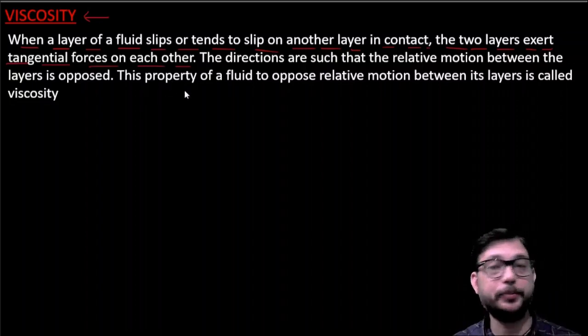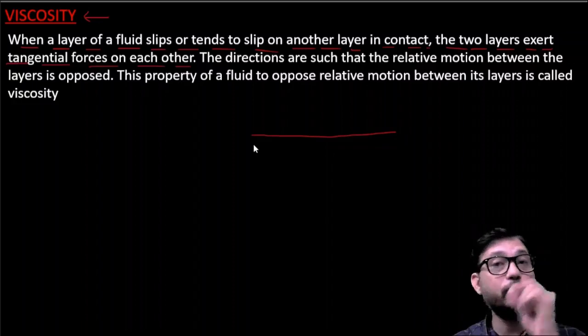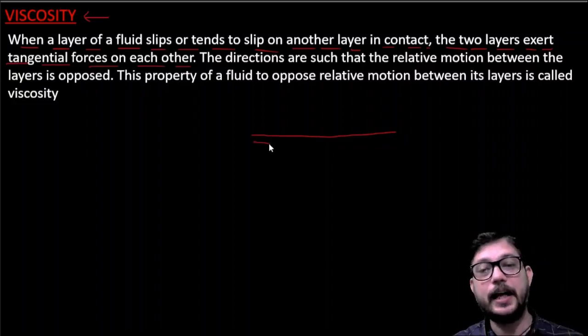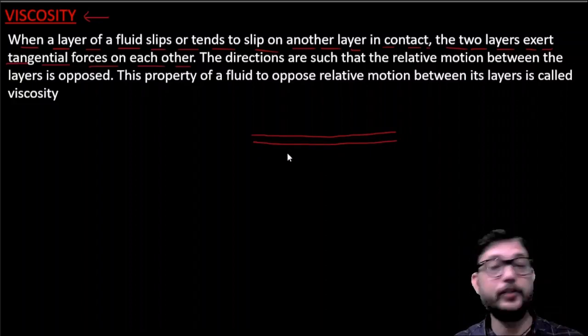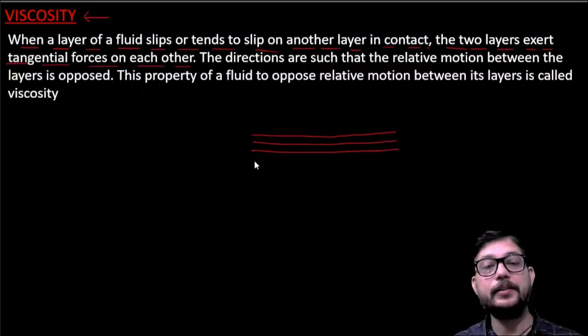What does it mean? Let's suppose that this is the first layer of the liquid, and below that layer there is another layer of the same fluid, and after that another layer of the same fluid, and likewise there are several layers like this.